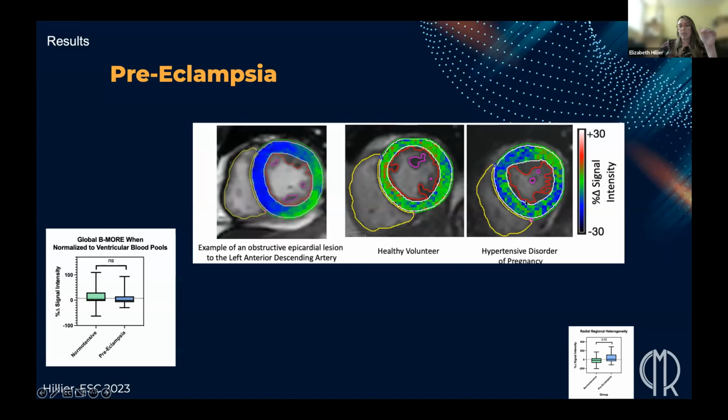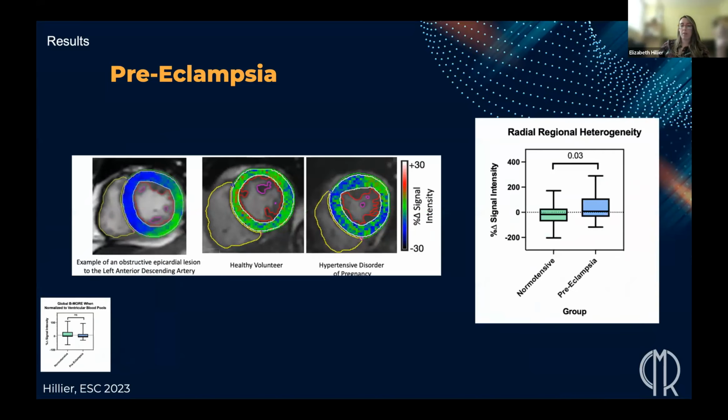And then when we look at this female who had a history of hypertensive disorder of pregnancy, so preeclampsia, it's patchy. And when we average across the slice, it's possible that when we look at global parameters, this could be not significantly different from a healthy volunteer. But when we look at this visually, there's obviously some regional variations here.